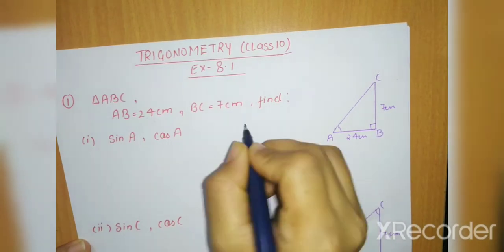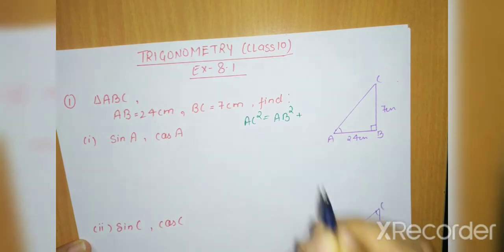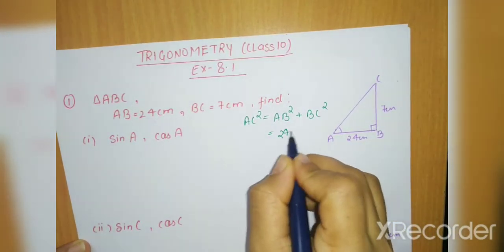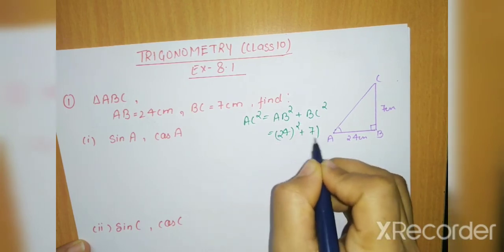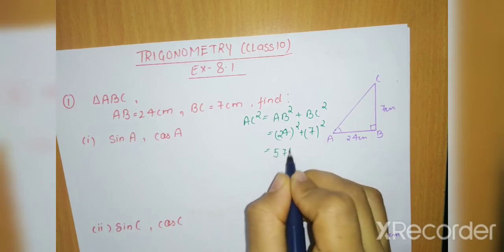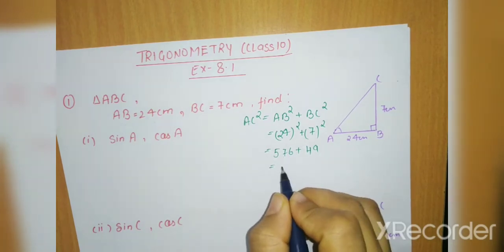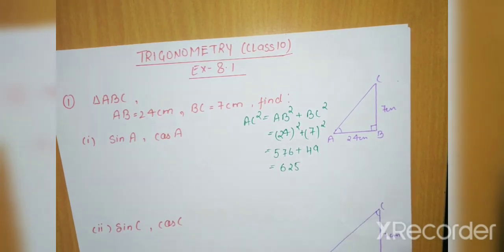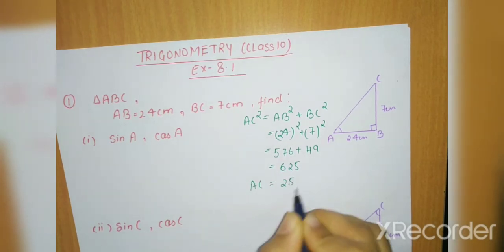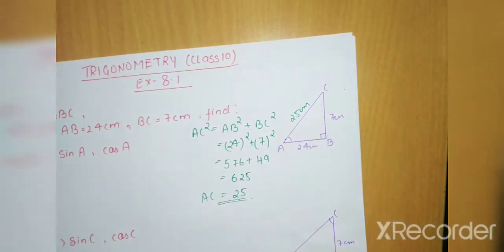I get AC square is equal to AB square plus BC square, which is 24 plus 7 whole square. 24 multiplied by 24 is 576, plus 49, so I get 625. So the value of AC is 25 centimeter.